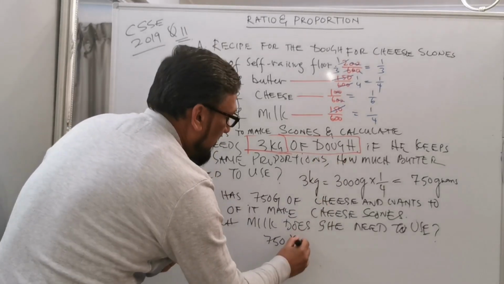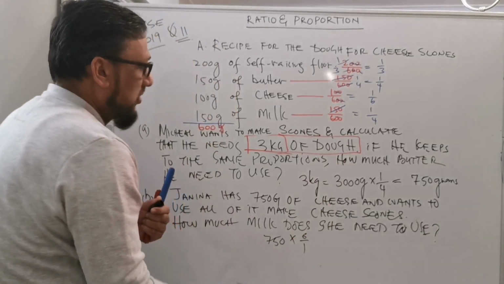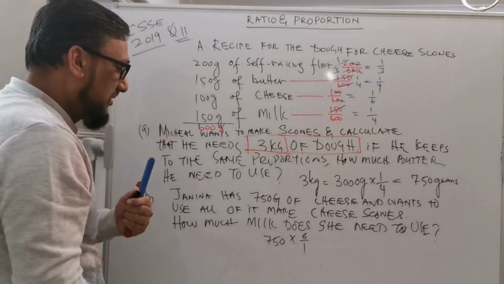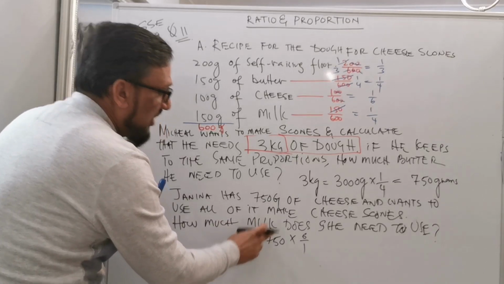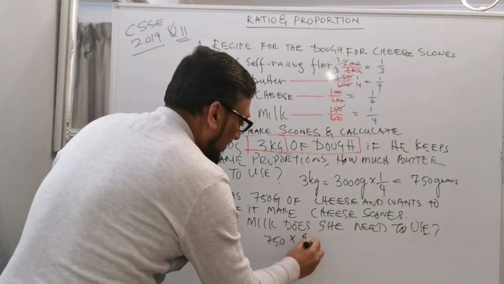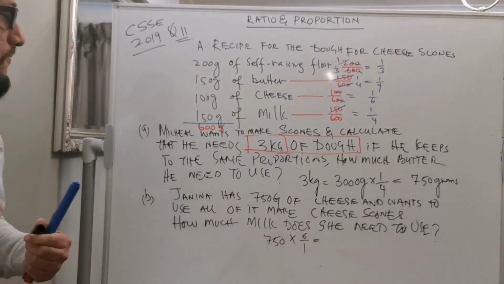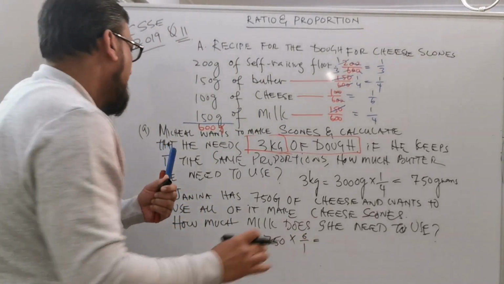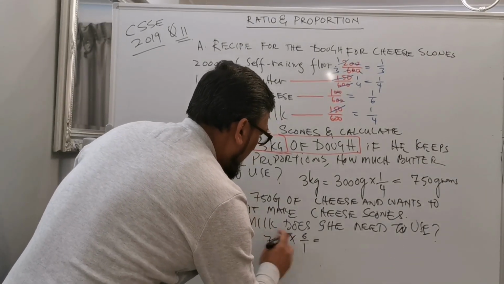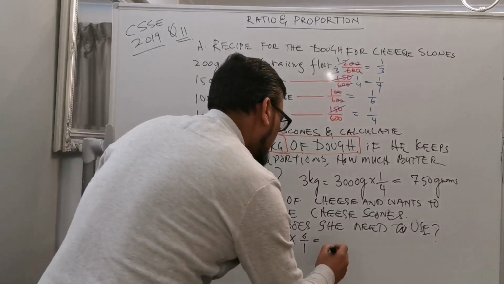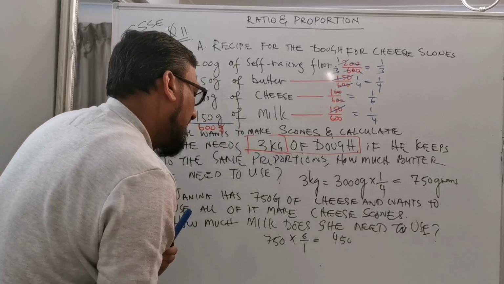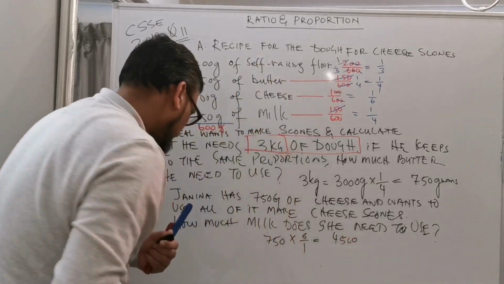So it means we need to do 6/1 because 1/6 is the share, 1 for every 6. So it means the total dough will be 6 times 750, which is 4500.